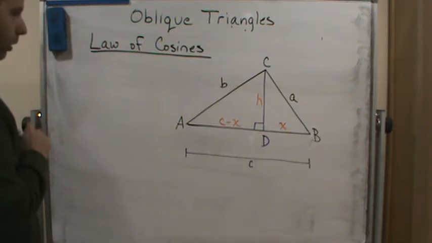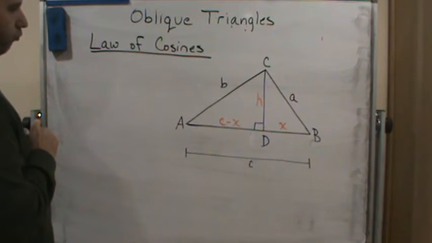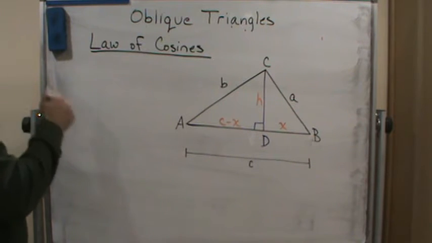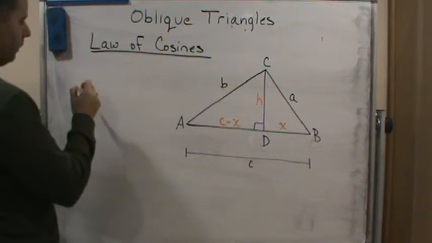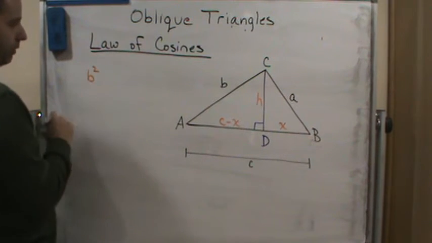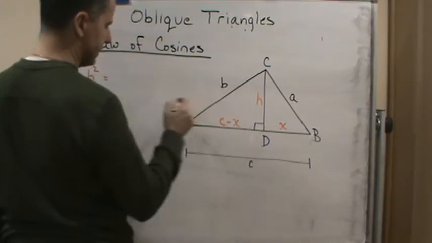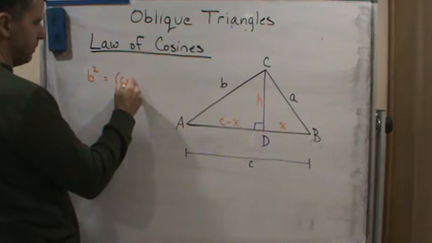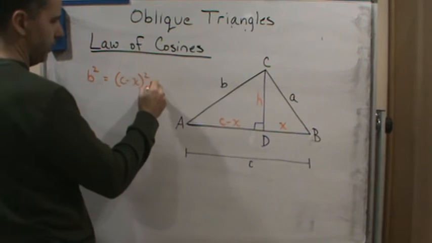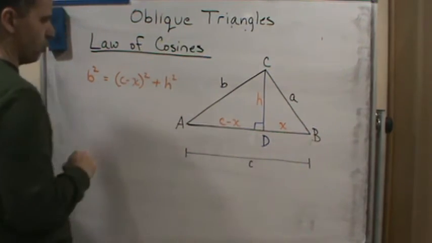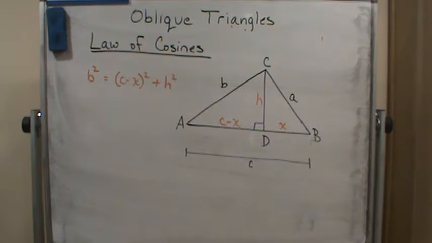So let's solve for b. So b squared is equal to this side squared plus this side squared. So it's going to be c minus x quantity squared plus h squared, right? So far so good, right? So now what are we going to do with that? Well, let's see what we can add to this.